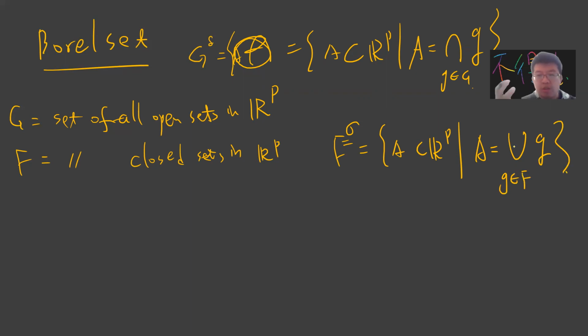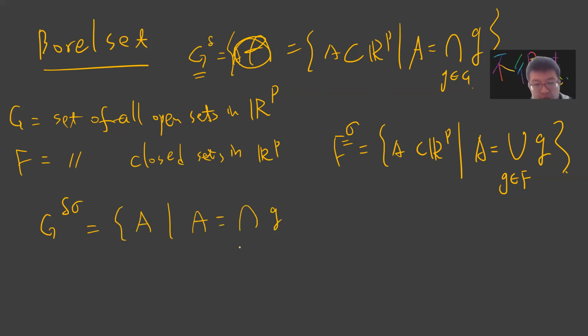So basically, you can define a set to be an intersection of open sets, or a union of closed sets, and obviously G delta is not the same as G, they are different, right? But you can define more. You can define G delta sigma, basically a set A defined to be a union of sets that can be written as G delta, and you can keep defining, right?